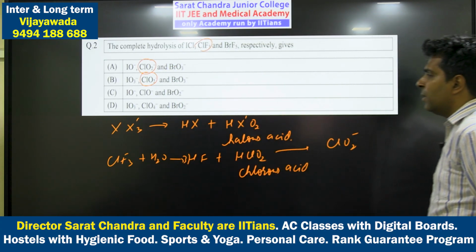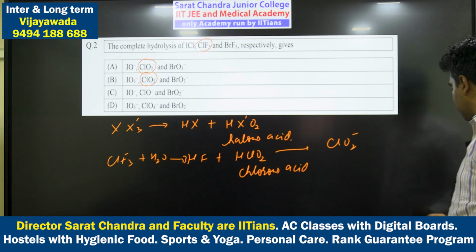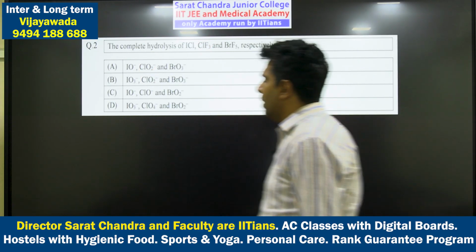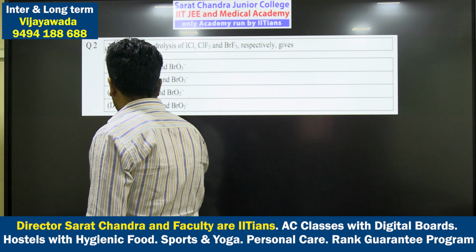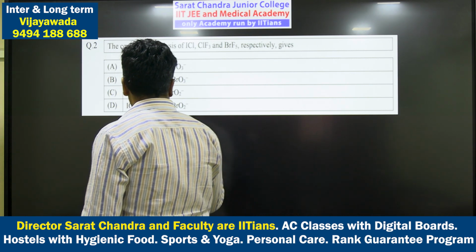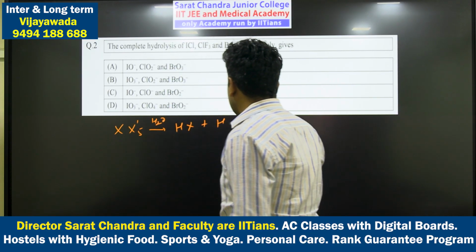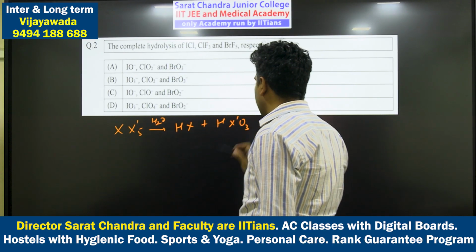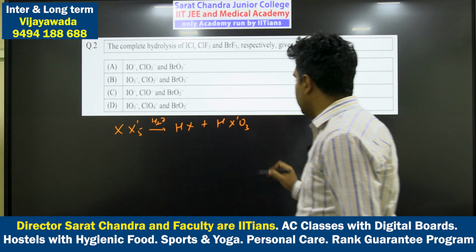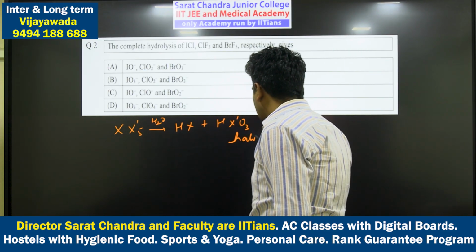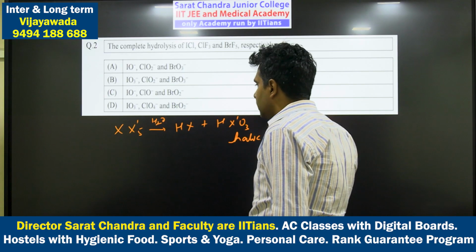Similarly, for the third type of interhalogen compound, of the type XX'5, on hydrolysis it will give HX plus HX'O3. That is known as halic acid. Halic acid will be formed in this case.